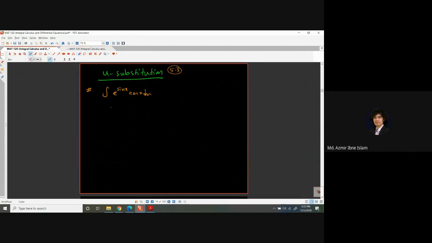Instead of taking cosine x as u, now we are taking sine x as u. The second step is to differentiate the function with respect to the main or input variable.